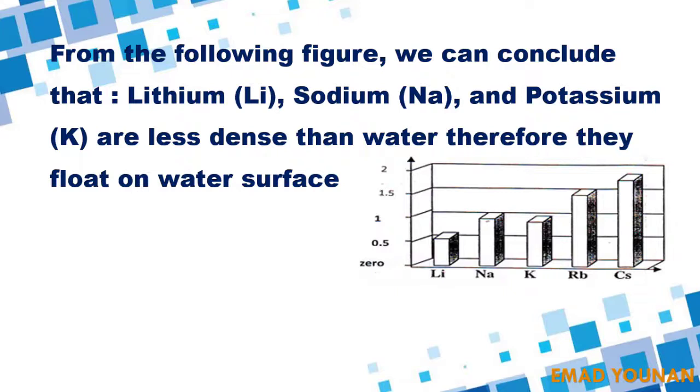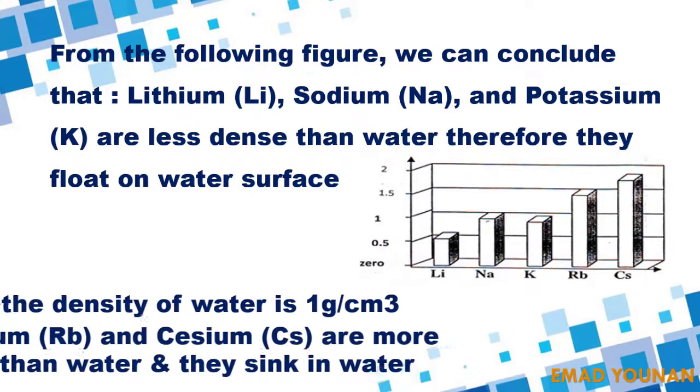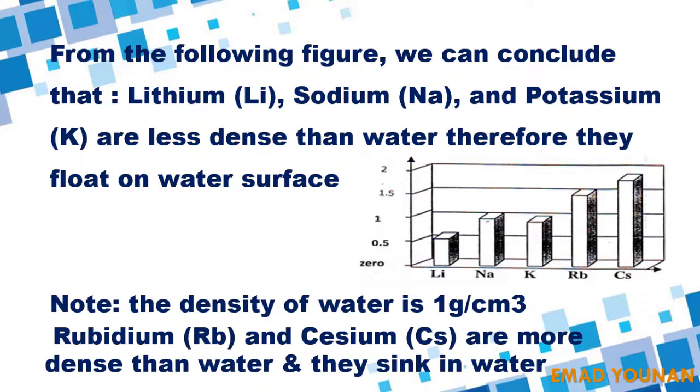Give the reason: lithium, sodium, and potassium float above water because their density is less than the density of water. That means their density is less than 1, which equals the density of water. Gram per cubic centimeter is the unit of density, from your information in Prep 1.